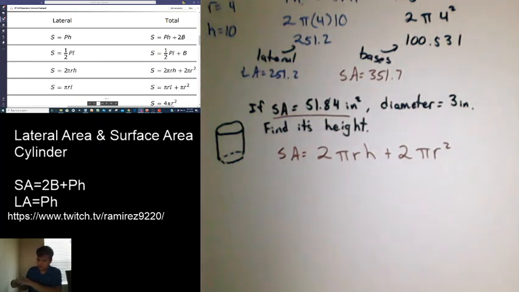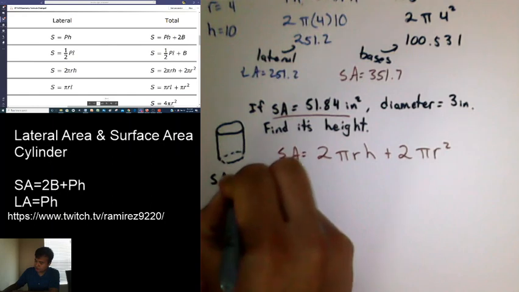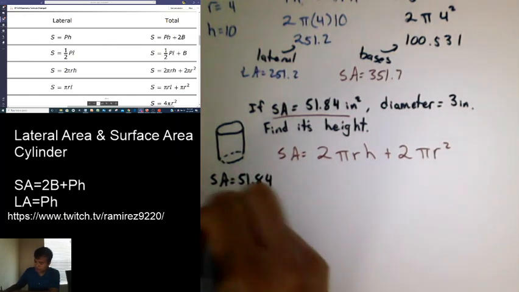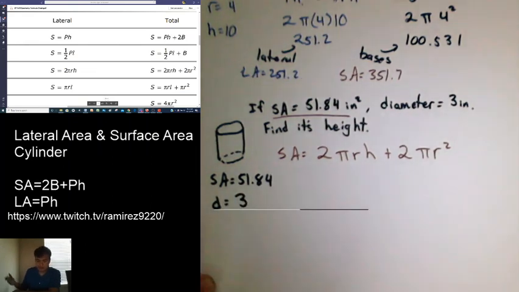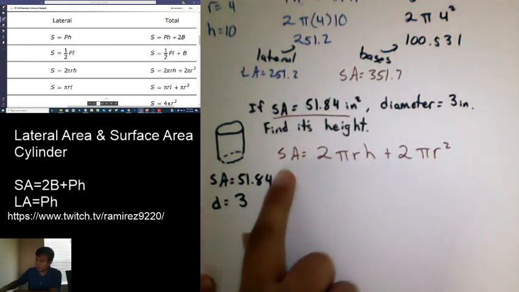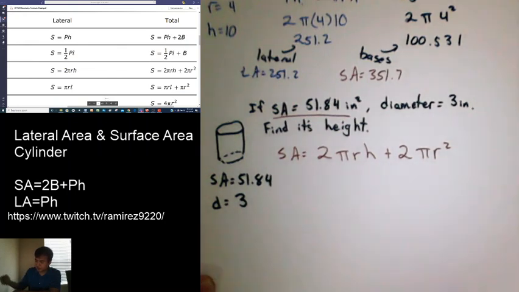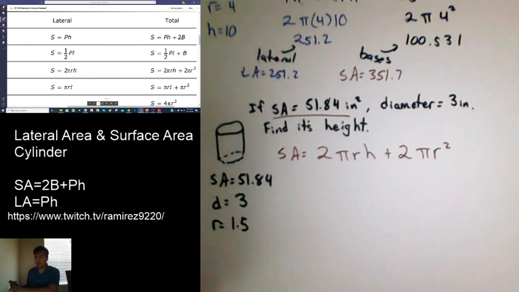It is known, because they're telling us, that SA is 51.84 and that my diameter is 3. They're both in inches, so I don't have to worry about converting anything. Now notice how diameter is not used. What's used is radius, so we need to know our radius. Our radius is just half of the diameter, so it's 1.5.